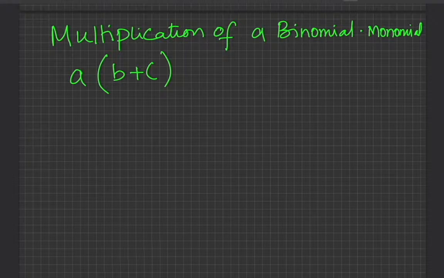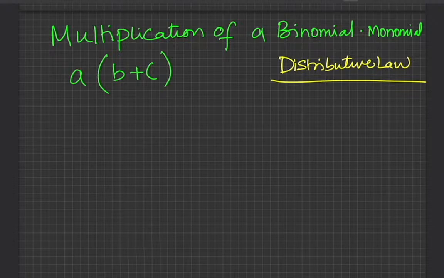So we distribute this. So distributive law. So let's understand a little bit about the distributive law. So I have a times b plus c. That means I just have to distribute a. It is in parentheses b plus c.